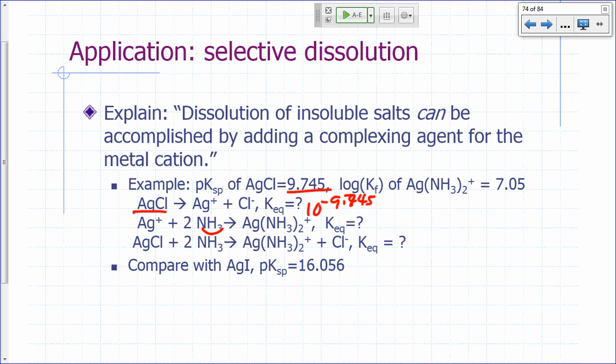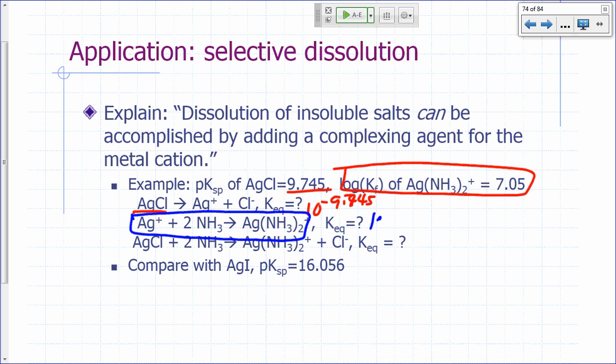You can try ammonia, because ammonia will react with silver ions to give you a silver amine complex. You look up the KF, the formation constant for silver amine, it's 10 to the 7.05. So this reaction right here, the complex formation reaction between silver ions and ammonia, the KEQ for that is 10 to the 7.05.